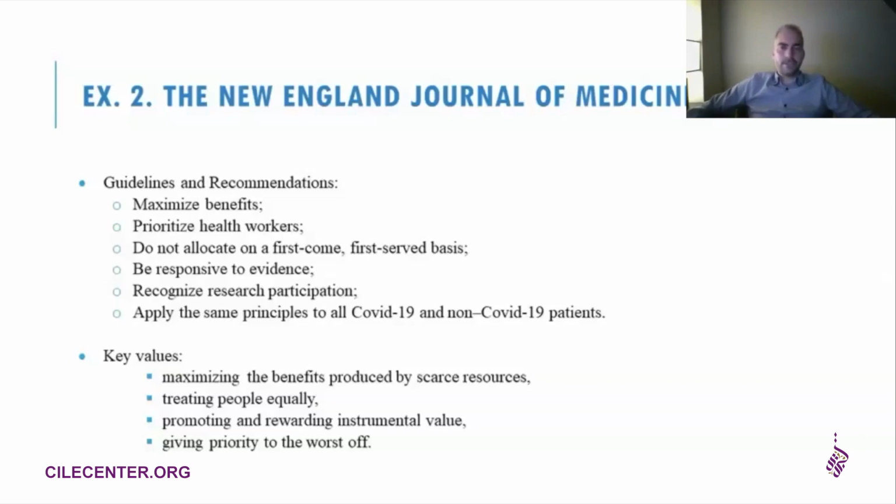There are 6 recommendations, and after their study and analysis of previous studies, they believe that proposals for allocation of resources in pandemics and other settings of absolute scarcity converge on 4 fundamental values.